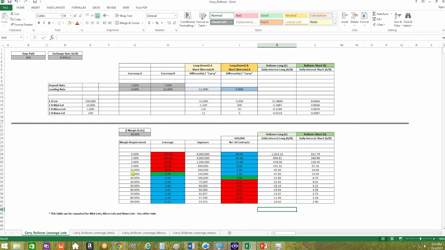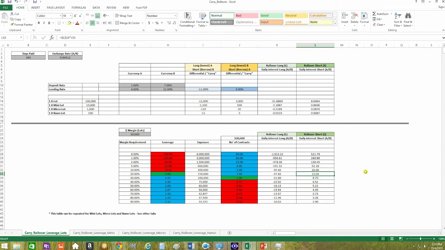So let's have a look at this example here where we do 20%. We could do something like one lot or 15 mini lots, and we could end up getting paid 13 of these currency units per day.